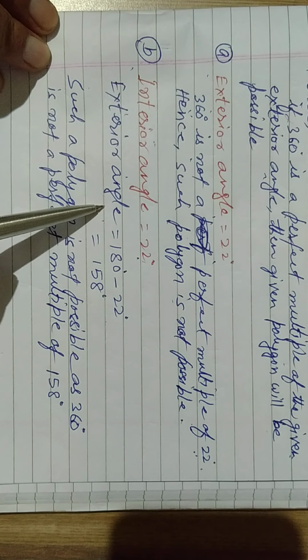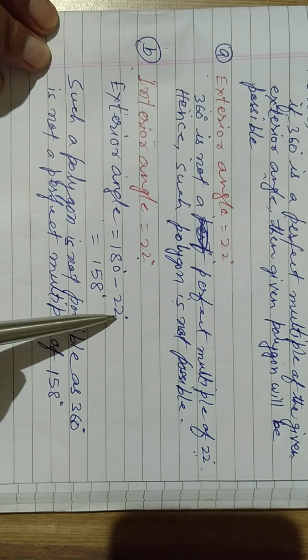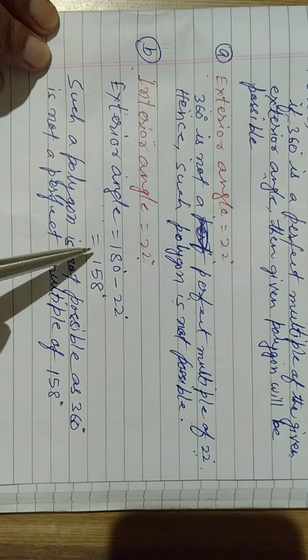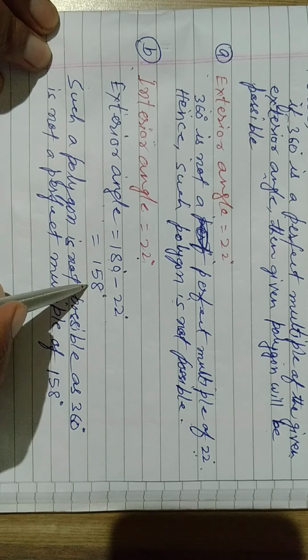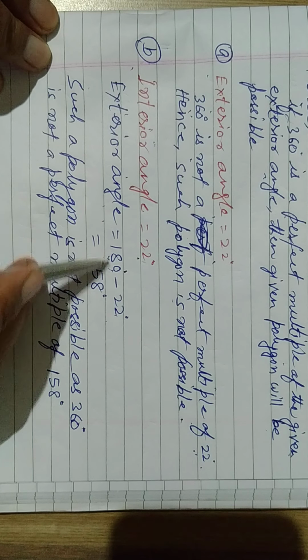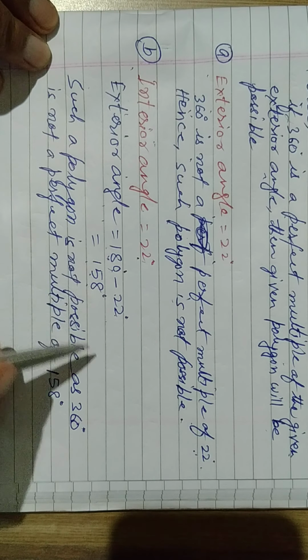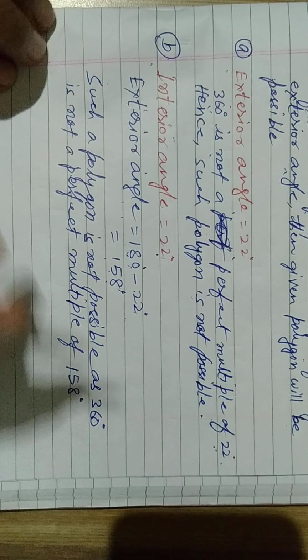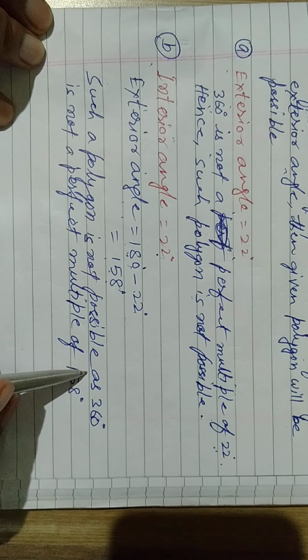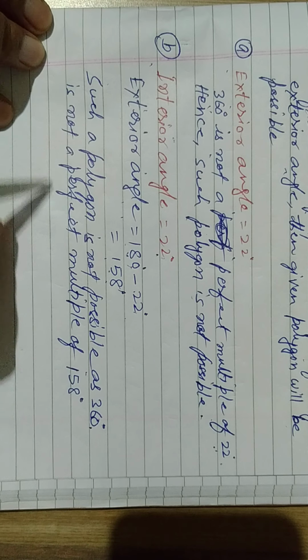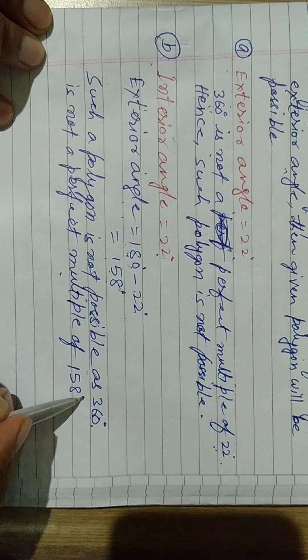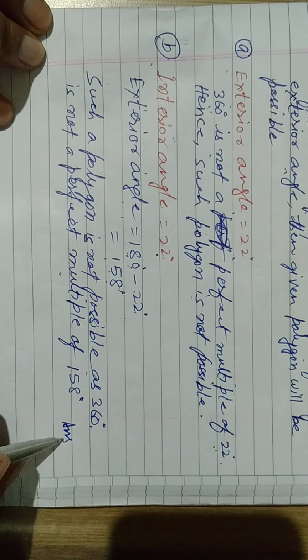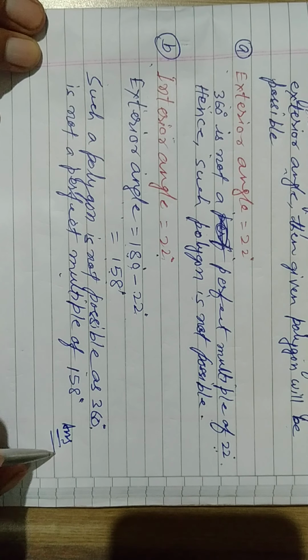Exterior angle equals 180 degree minus 22 degree. 10 minus 2 is 8. Here 7 is left, 7 minus 2 is 5 and 1. 158 degree. Such a polygon is not possible as 360 degree is not a perfect multiple of 158 degree. So this is the answer. Okay, now it is completed.